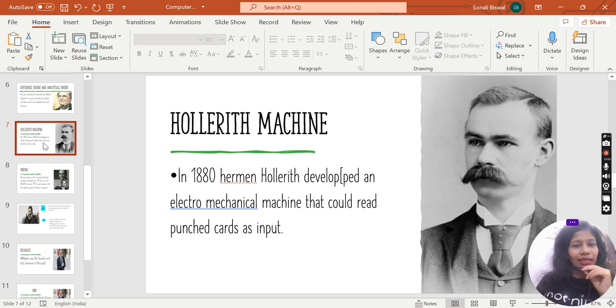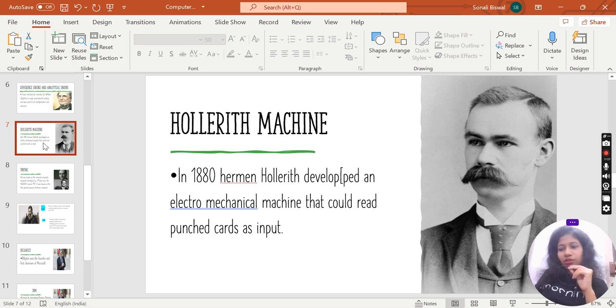He developed an electromechanical machine that could read punched cards as input. So now everyone knows that calculation, multiplication, and mathematical calculation had all been made easy. The next machine he developed is the Hollerith machine, an electromechanical machine that could read punch cards as input.